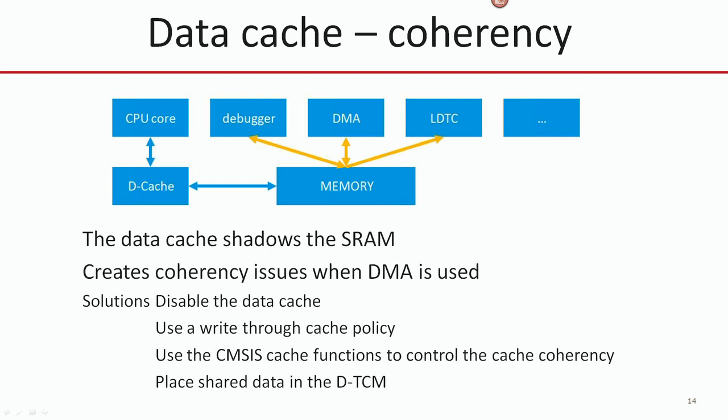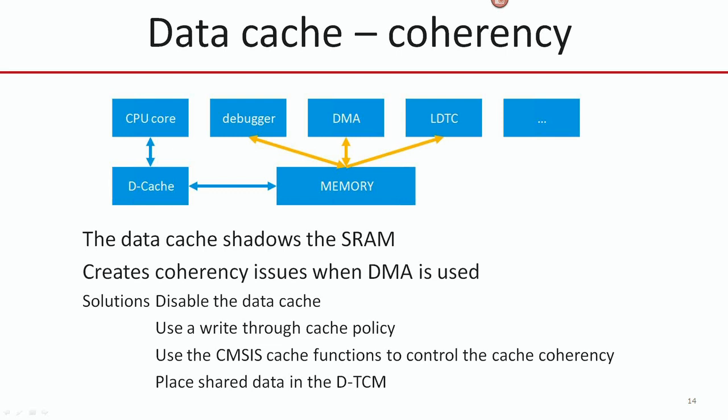So this can introduce coherency issues where we have data that's been accessed by the CPU that's sitting in the data cache, while at the same time, DMA units may be updating that in the physical memory. And then we're not getting the up-to-date values, rather we're accessing older data that's in the data cache. So we have, again, issues that we have to resolve as a programmer.